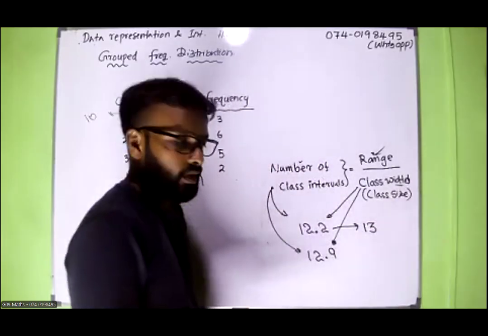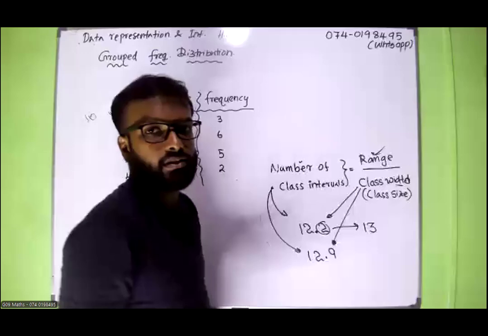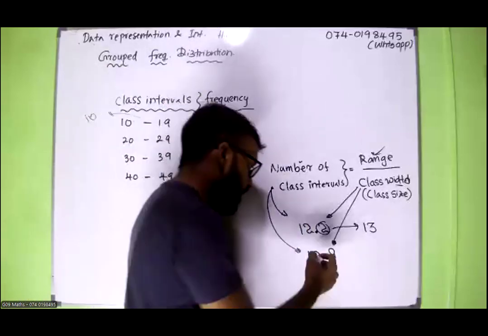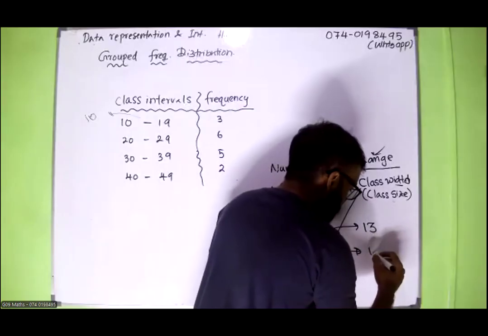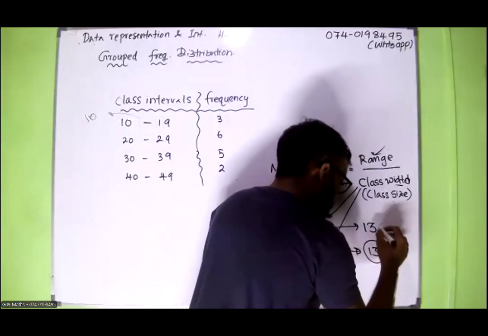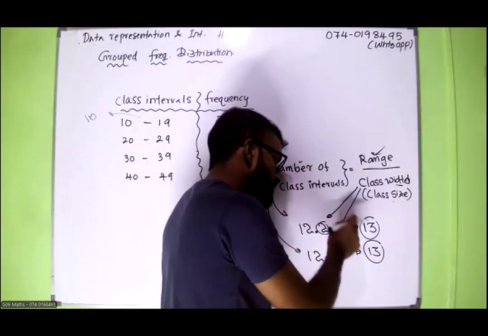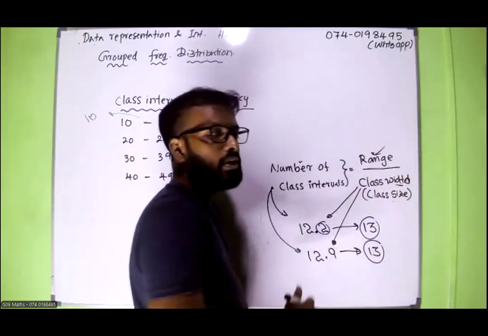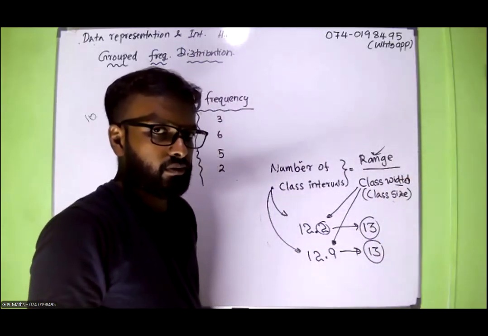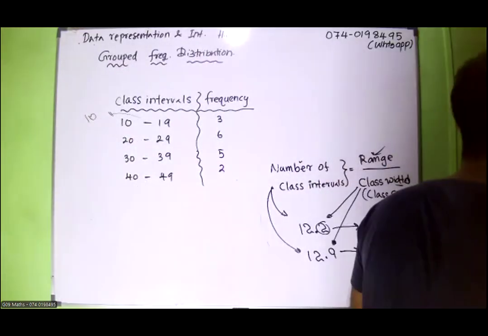So your number of class intervals will be 13, or your class width or class size will be 13, for example. So that is the recap that I gave you.